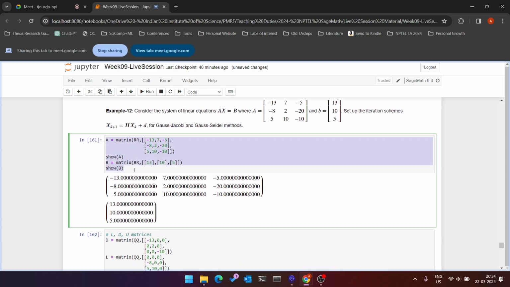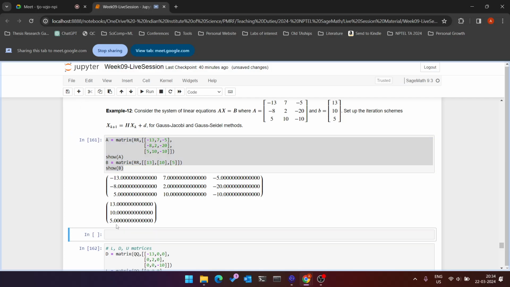Right. Suppose I were to tinker around with this and set the entries as minus 0.2, 0.7, 0, 0, 0.5, 0.8, and 0, 1, 0, 0.8.